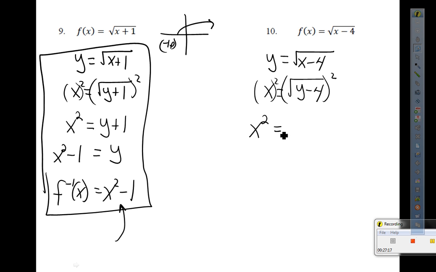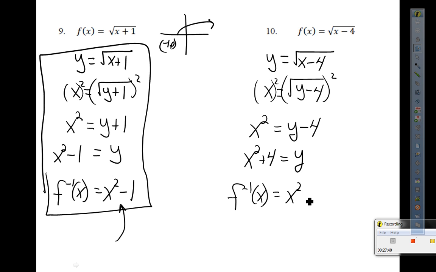On the right-hand side I've got y minus 4. Now let's get y all by itself. So I'm going to have to add 4, so I got x squared plus 4 equals y. Now to correctly label it, f negative 1 of x, which stands for the inverse of course, is x squared plus 4. So there's the inverse, there's the steps.